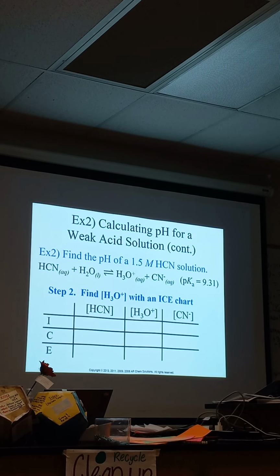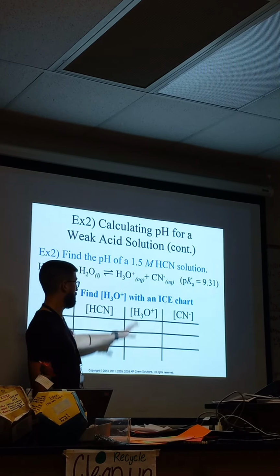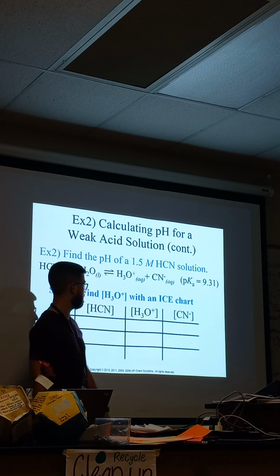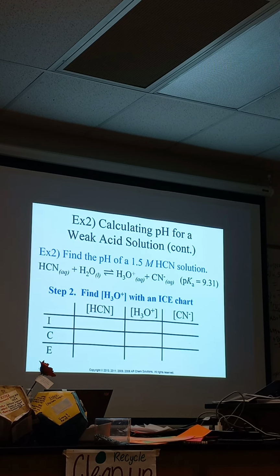All right, so here we go, guys. HCN, H3O plus, CN minus. Okay, guys, coefficients. What do we got? All ones. All right, and then what's our initial of the reactant? 1.5. Okay, does the problem say anything about pre-existing product? No, so then what do we put here and here?